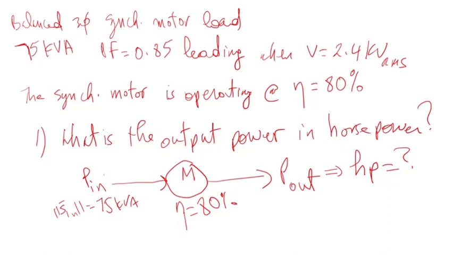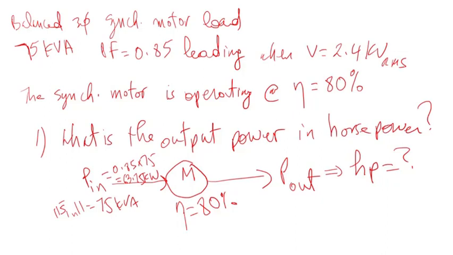Using the power triangle, the active power is the power factor times the complex power, which is 0.85 times 75 kVA, which gives me the input power is equal to 63.75 kilowatt.